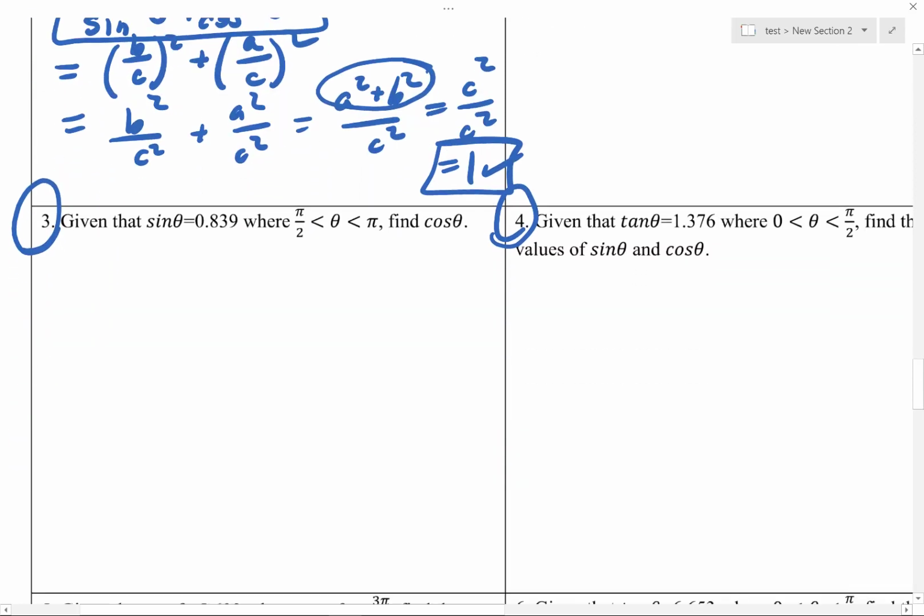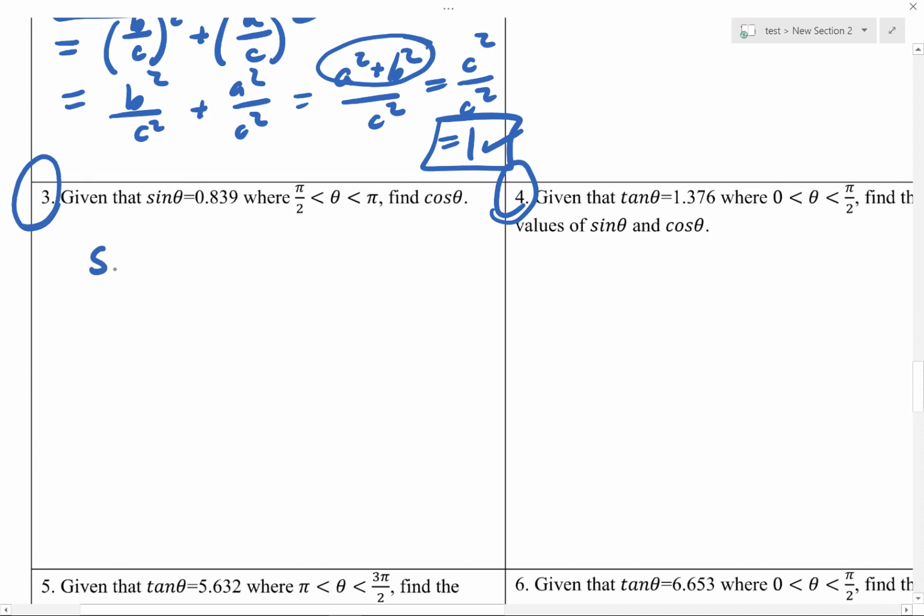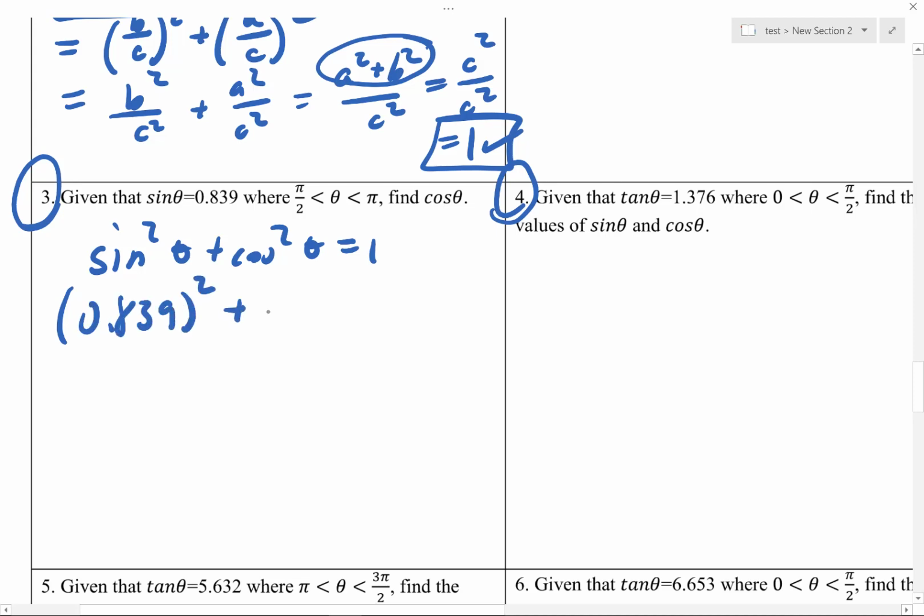And then for number 3, now we can use that sine squared plus cosine squared is supposed to equal 1. So 0.839 squared plus cosine squared equals 1. So cosine squared will be whatever 1 minus 0.839 squared is.